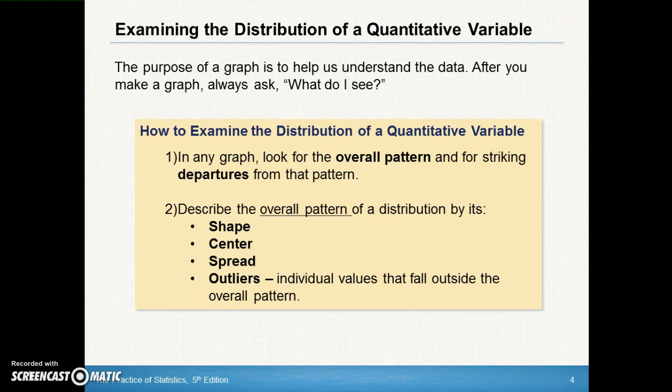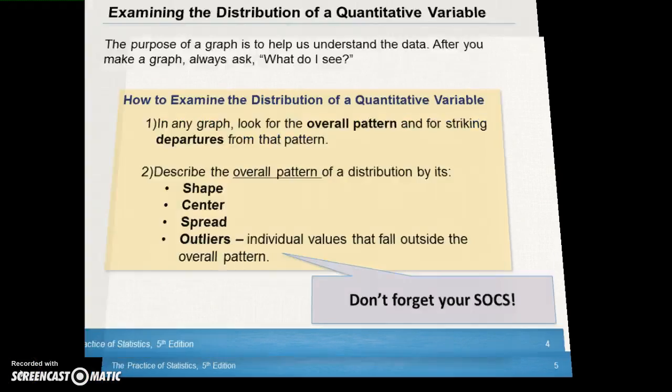Those are individual values that fall outside of the overall pattern of data. We have a funny little mnemonic to remember this, which is SOCS: Shape, outlier, center, spread. Anytime you are asked to describe a distribution of data, particularly quantitative data, you are going to use SOCS to describe that distribution.